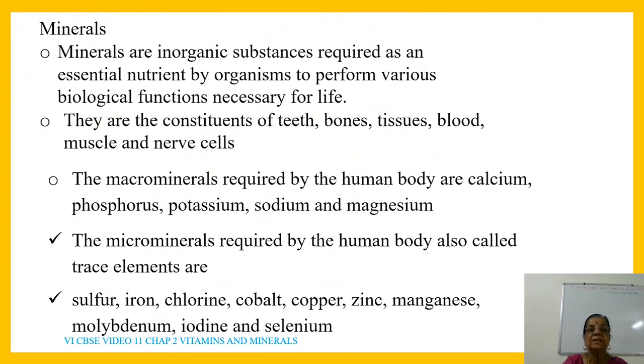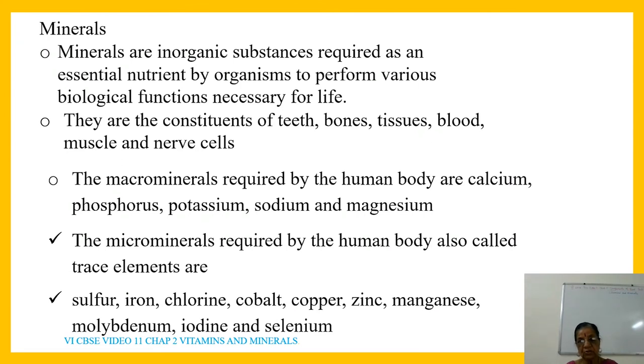Now these minerals are inorganic substances required as an essential nutrient by organisms to perform various biological functions. They are the constituents of teeth, bone, tissues, blood, muscle and nerve cells.